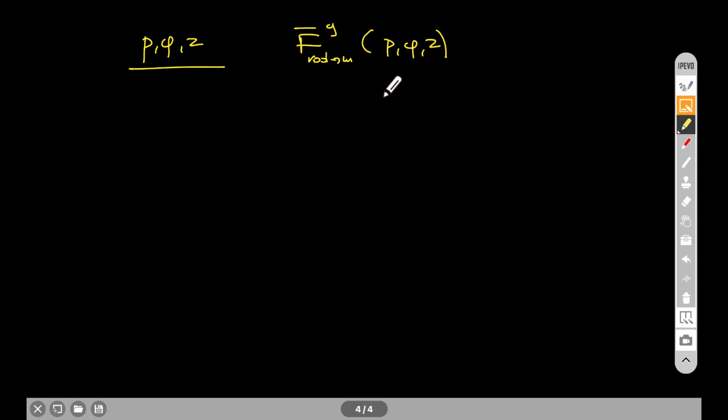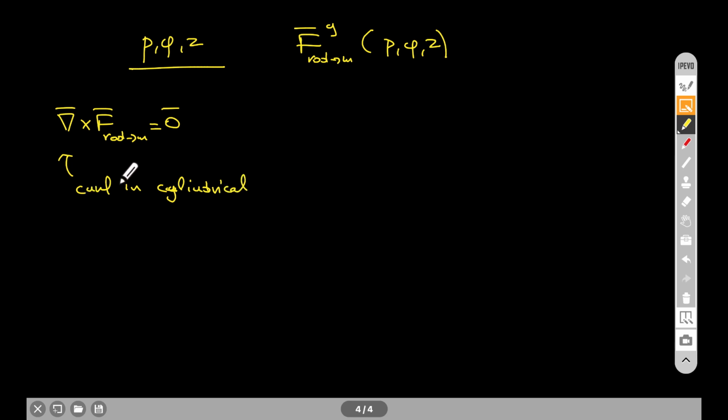Now, if you want to prove that this is 0, then since I am using the cylindrical coordinate system to write the force, the easiest way to do it would be, of course, to find the expression for the curl in cylindrical coordinates.